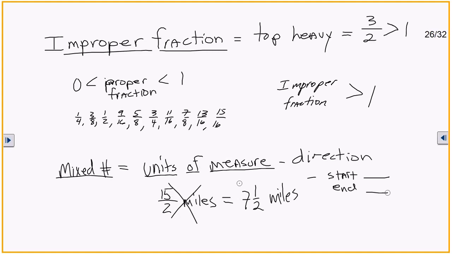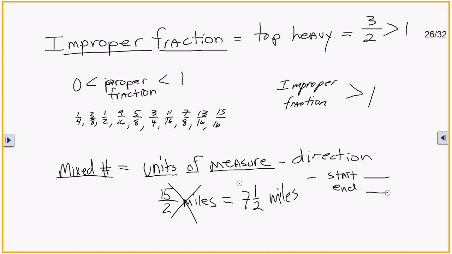And how do you use a mixed number? You just divide 2 into 15, and whatever the remainder is, you put it over that denominator. Again, I'm not teaching you the theory behind fractions. I'm teaching you just to review some of the things that you need to remember about fractions.